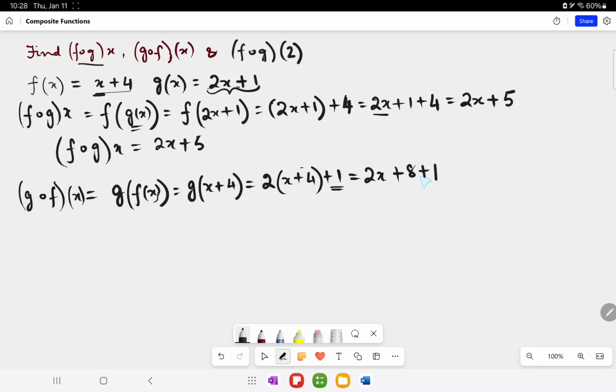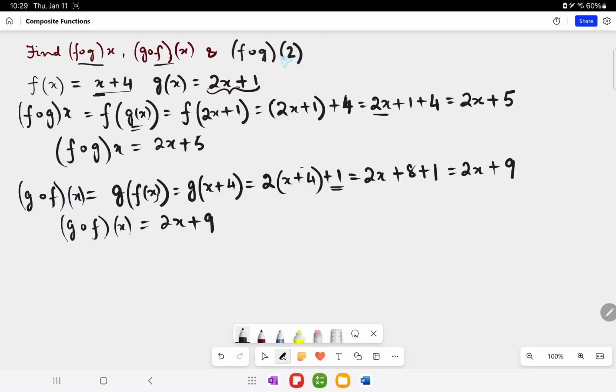We combine the terms, 2x stays as is, 8 plus 1 is 9, and that's all. So g of f of x is 2x plus 9. Now we completed the second part of it.